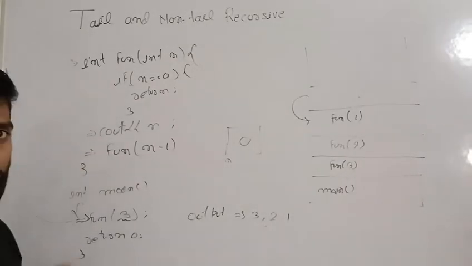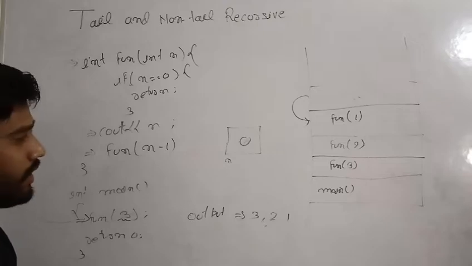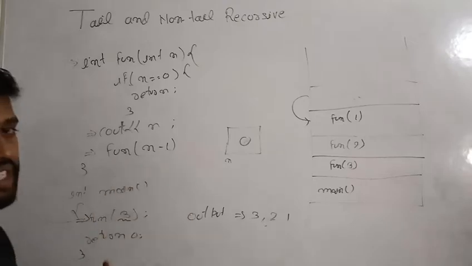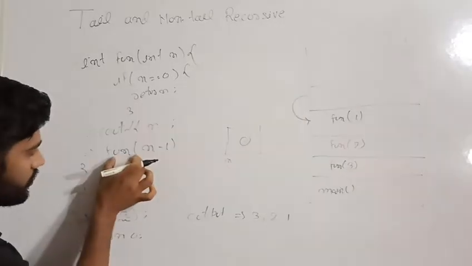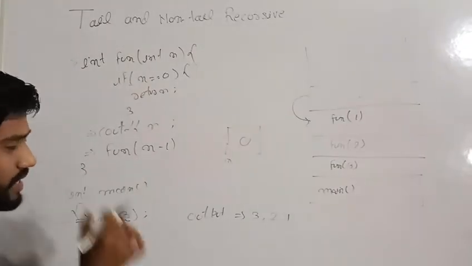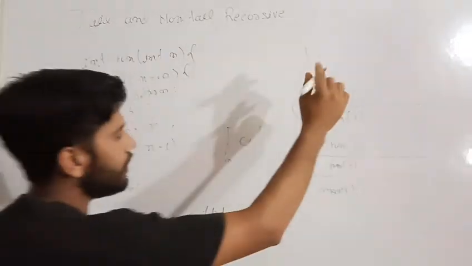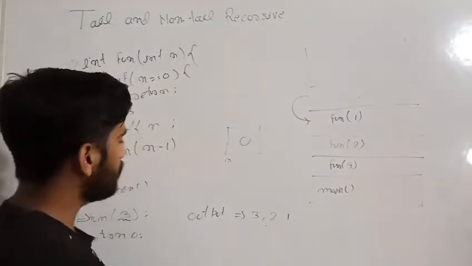In the definition we see there is no need to store the previous state, and there is no statement after this function call to execute, which means we have simply popped it out.